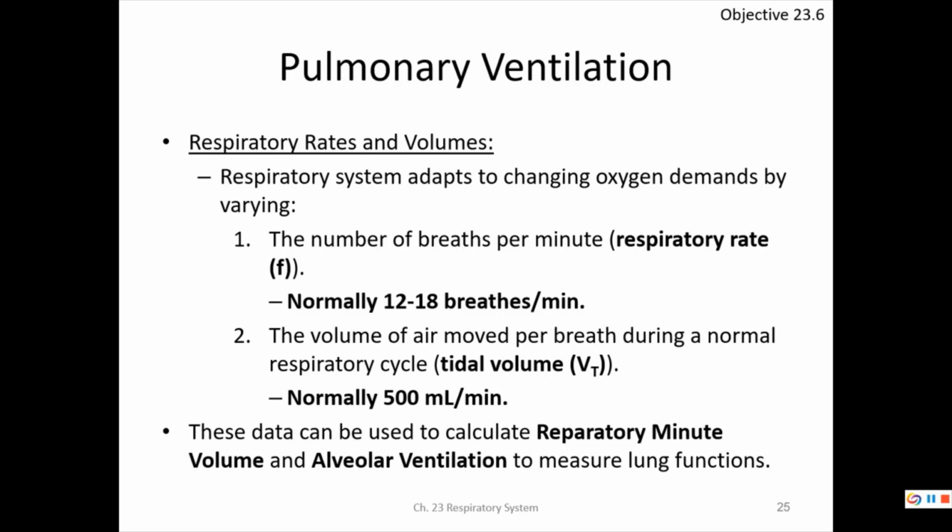Normally I breathe between 12 to 18 breaths per minute, and with each breath I move about 500 mils. So in those 12 to 18 breaths, I'm moving on average 500 mils per breath.